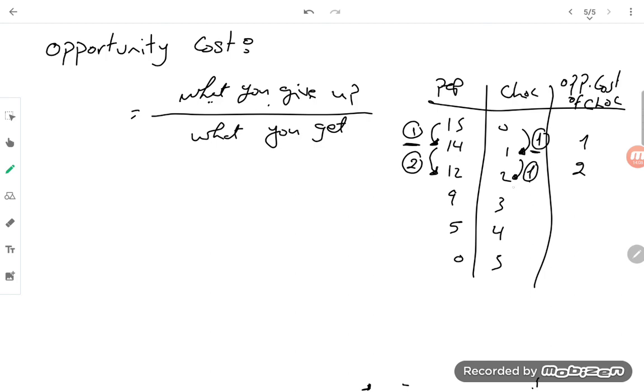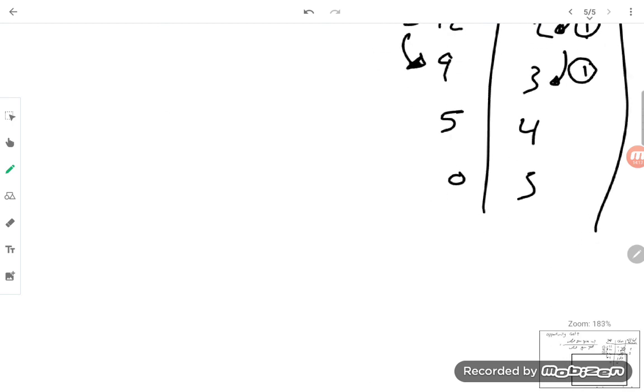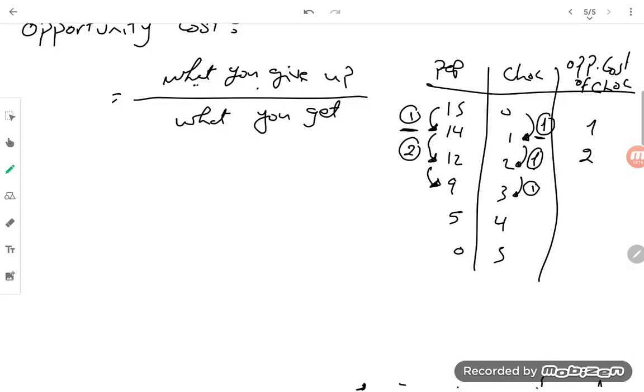Now you are going to increase production from 2 to 3. So you are going to increase production by 1 unit. As a result, you have to give up production of Pepsi by 3 units. So it is 3 divided by 1, 3. Now you are going to increase production from 3 to 4.